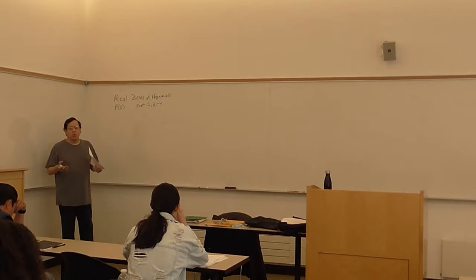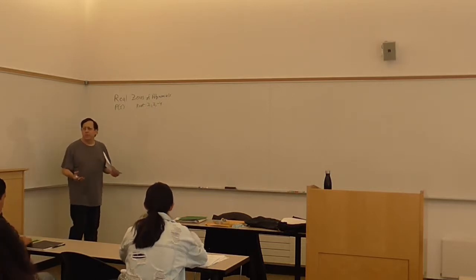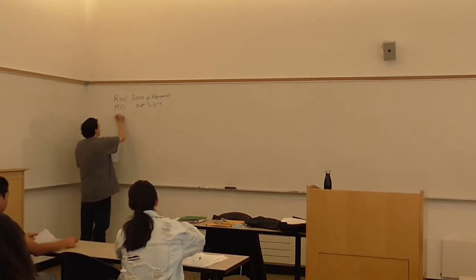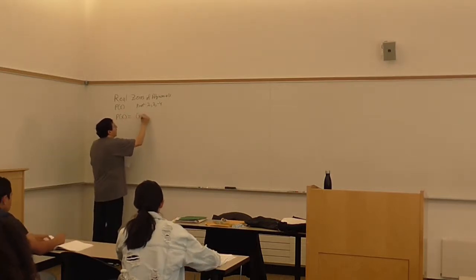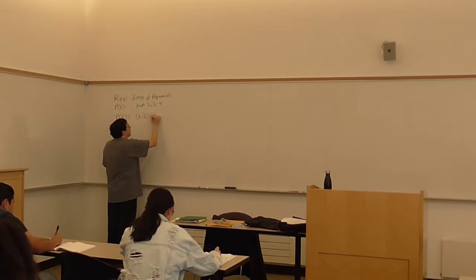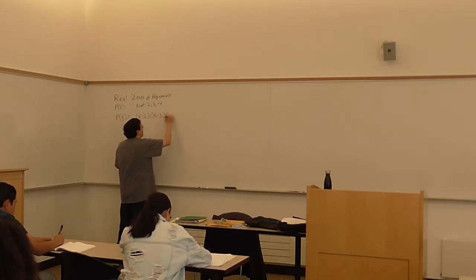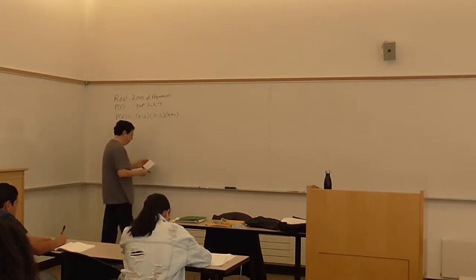So we can construct that polynomial pretty easily. P of x is going to be x minus 2 times x minus 3 times x plus 4.